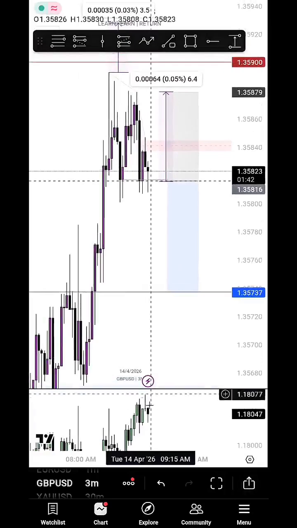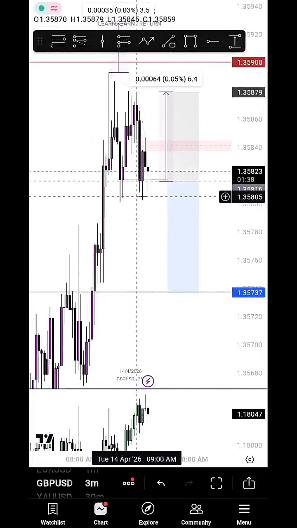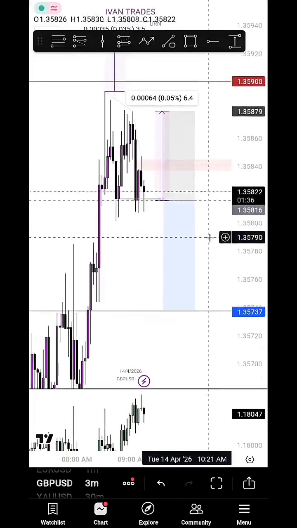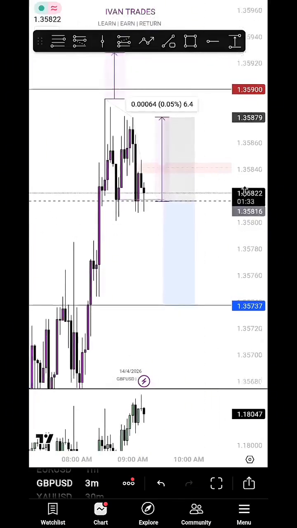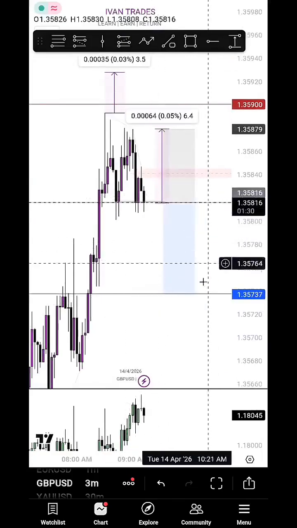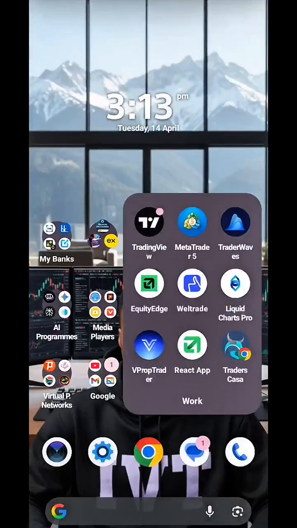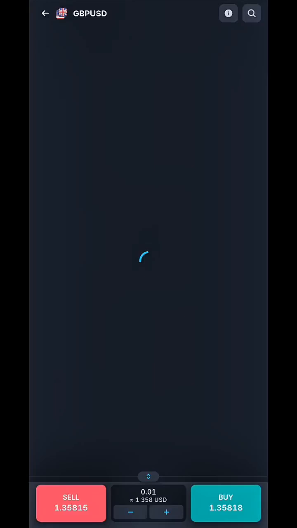So you can see that we are almost reversing, but this candle didn't close below these lows right here. It's just wicking through them.